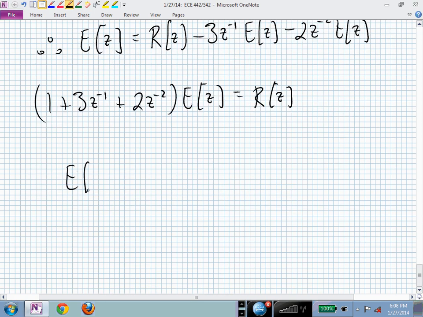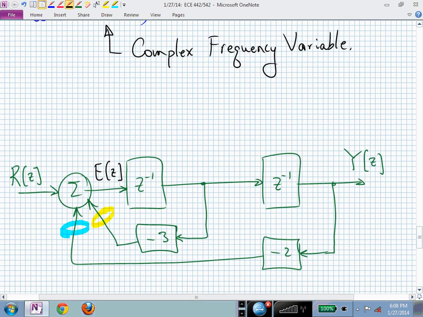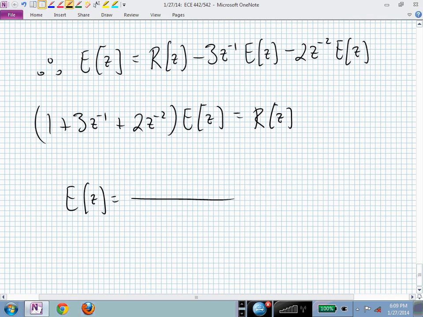Or I can now solve that for E of z, and if I wanted a transfer function between the reference input r and the error signal coming out of that summing junction, E is not just r, is it? It's some linear combination or filtered version of r. So now we have E of z equaling 1 over 1 plus 3z to the minus 1 plus 2z to the minus 2 times R of z.